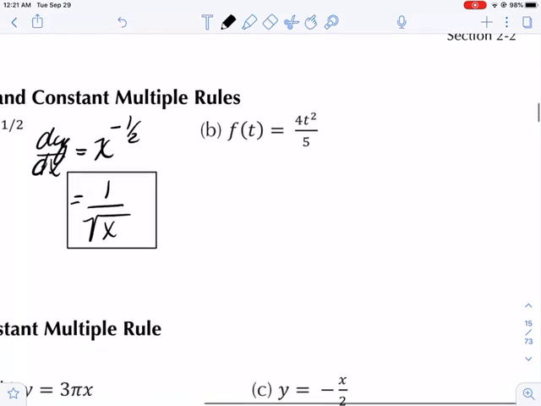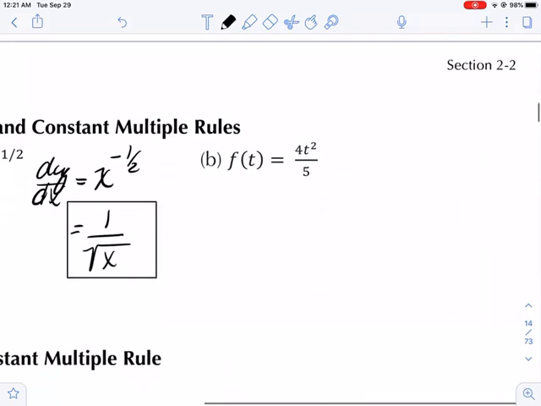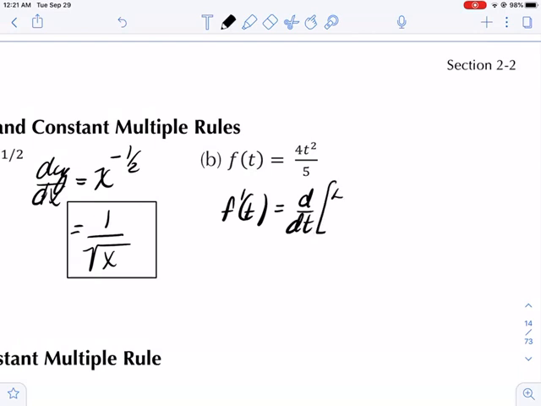Okay, for b, I have f prime of t. F prime of t is equal to the derivative with respect to t of 4/5, and I'm going to rewrite this a little bit, 4/5 times t squared. So I'll pull out the 4/5 as the constant, and then multiply by the derivative with respect to t of t squared.